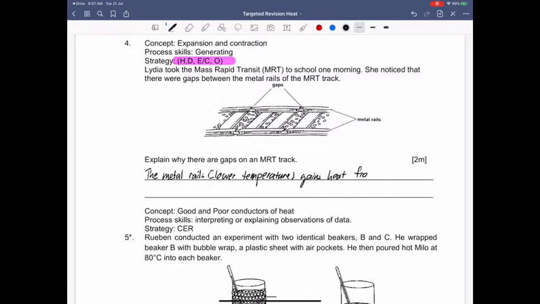From where? Remember, the direction is always from where to where? From the sun in this case. From the sun, which is of course the higher temperature.